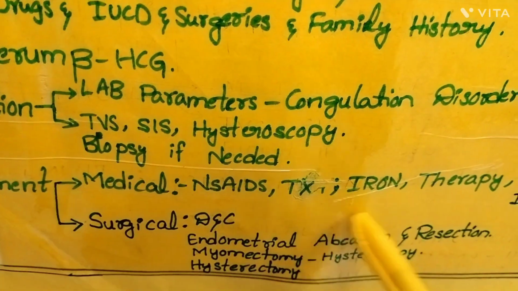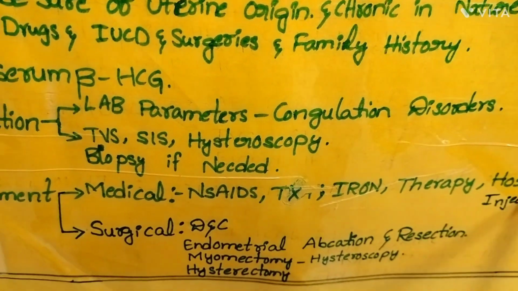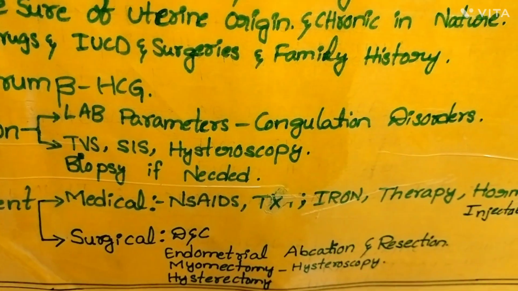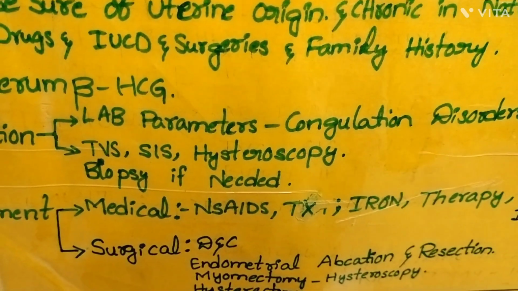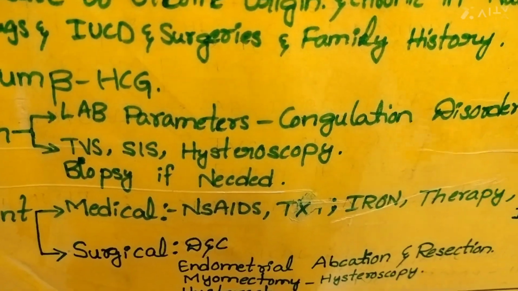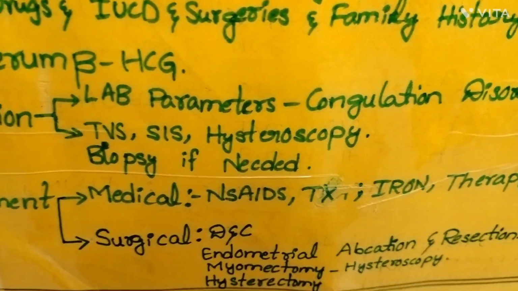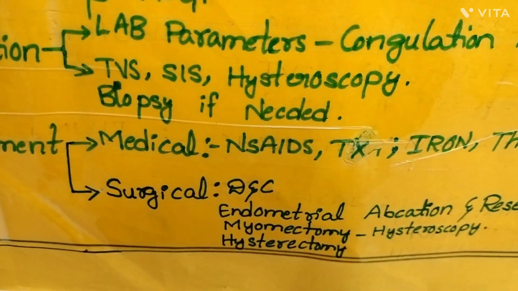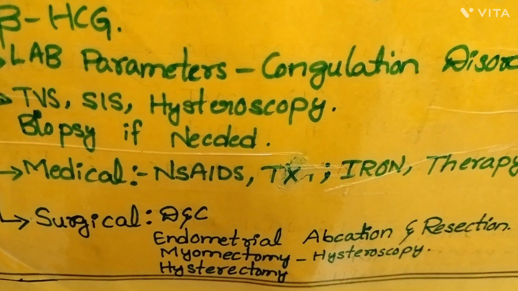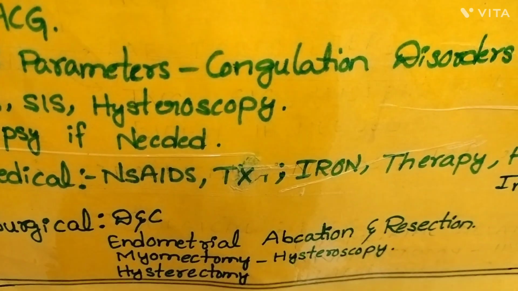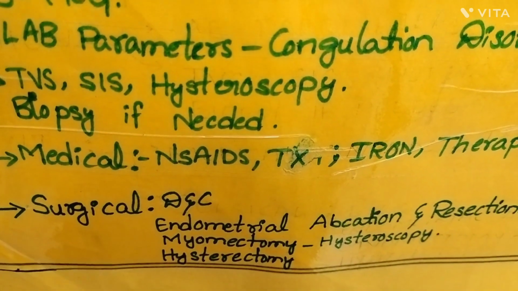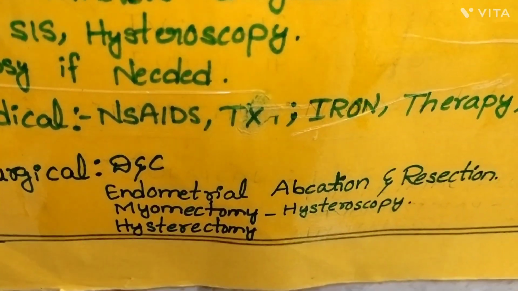Next, management. If it is not controlling with the medical management, or if the patient is not willing for medical management, or she is not fit for it, or if there are any contraindications for medical management, then we can opt for surgical management. In surgical management, for example, if we suspect abnormal uterine bleeding and the endometrial thickness is high, then we can go for the D&C procedure, dilatation and curettage.